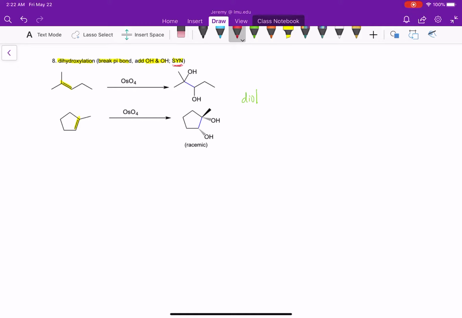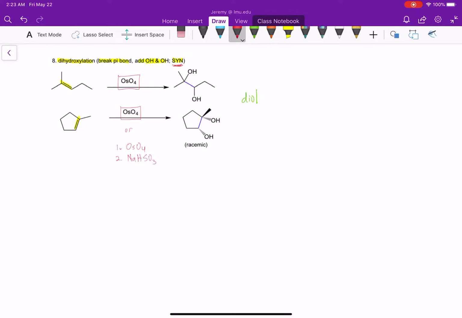The reagent we use to do this is osmium tetroxide, OsO4. Okay. And there's a couple ways you can write this. You can just write OsO4, but a lot of older textbooks historically have written this as two steps, with NaHSO3 being our step 2.